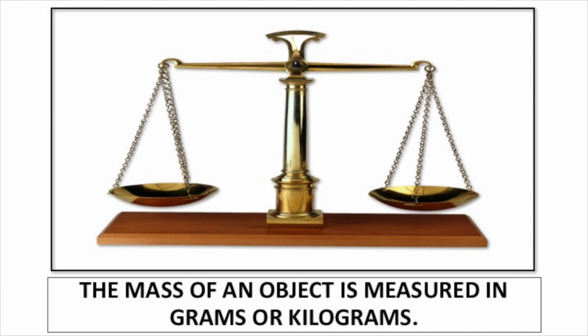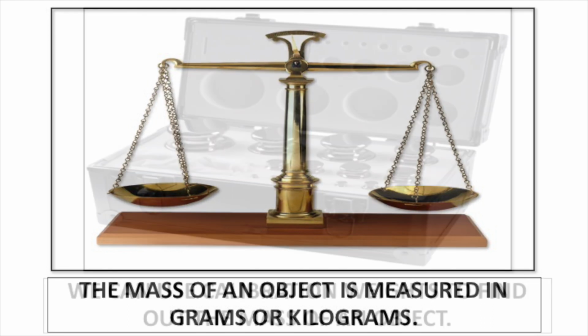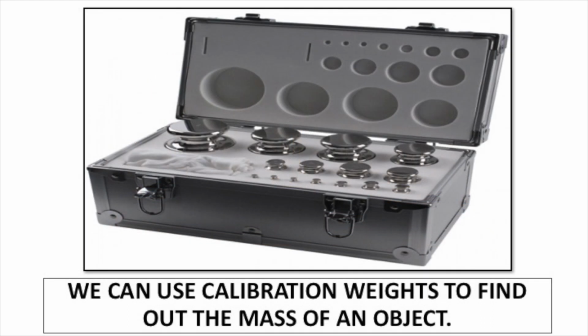Yes, we balance different things on either side to see which one weighs more. We can use calibration weights to find out the mass of an object. Yes, if we want to know the mass of something, we can use weights where we already know how much they weigh.